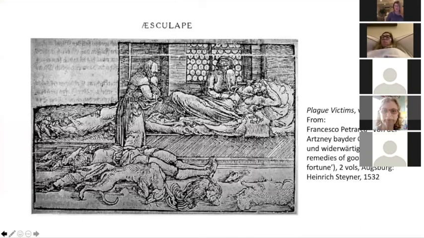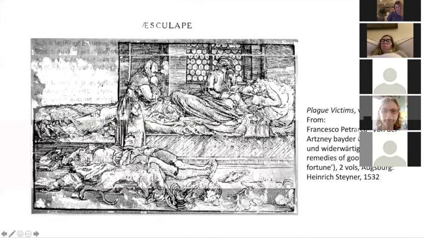All right, so we see the man here, and obviously his bulbo is being expressed onto the bed linens. His two attendants are covering their noses.